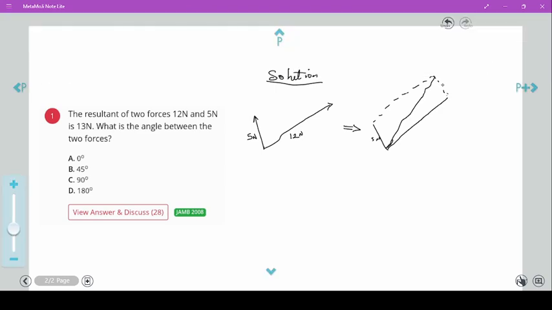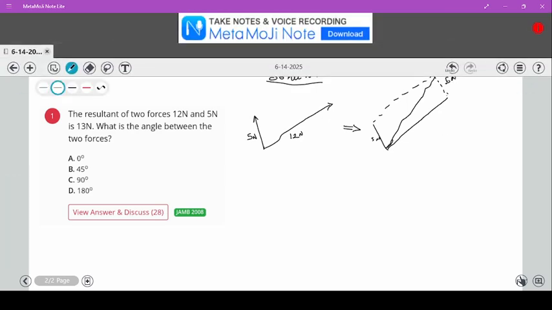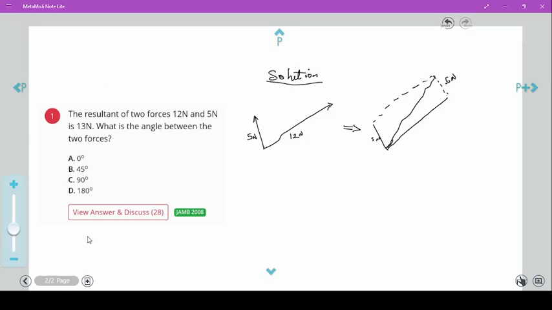So here happens to be 5 Newton, and then here would be 12 Newton. Basic knowledge we already should know.